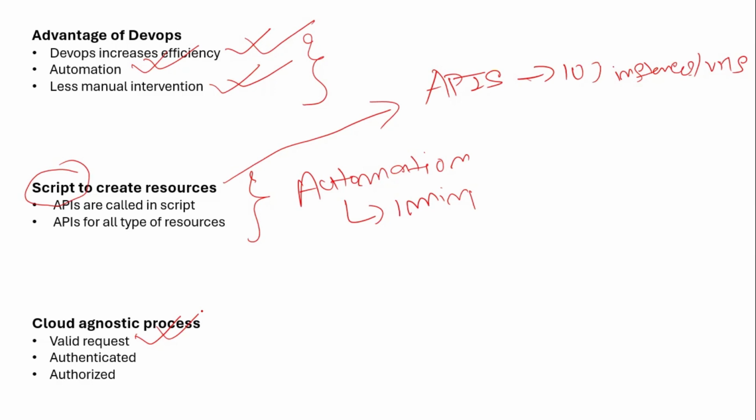In case we have to create an EC2 instance within the API, we have to give the value for memory, and we have to give the value for processor. So memory as in 10 GB or whatever value you want to pass, processor as in the CPU core. You have to pass these values to the API, and only then is it going to create.